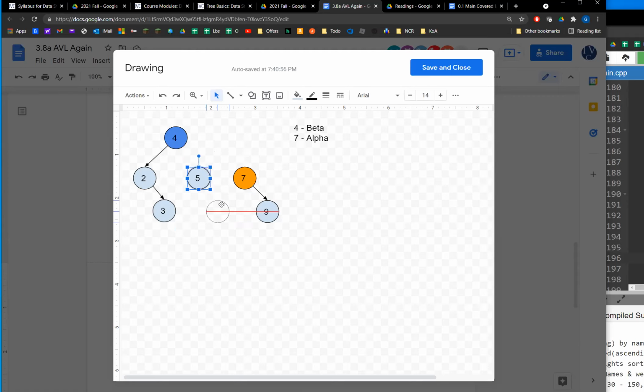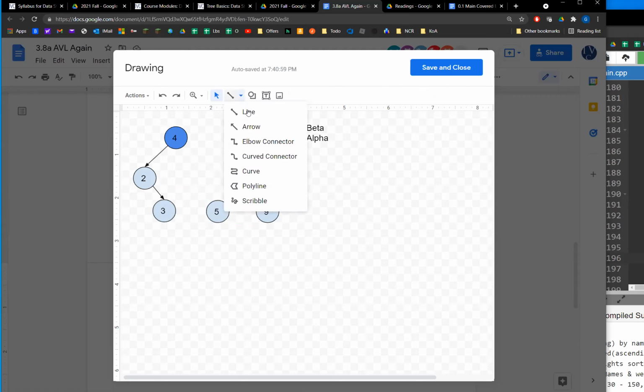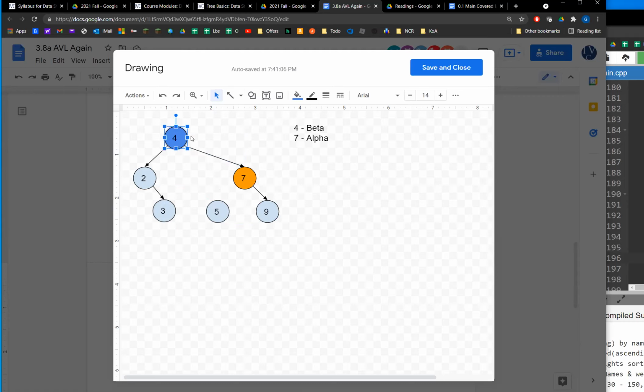Depending on how you code it, the order could go either way for who we link first or second, but go ahead and link beta to alpha to start. Then we'll take a look at our binary search tree at this moment. And we have 4 as the root of this tree. Left subtree value is less than 4.